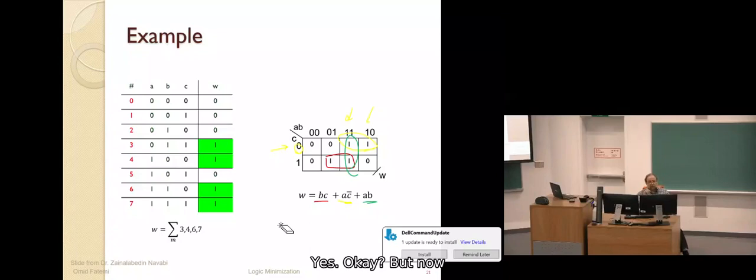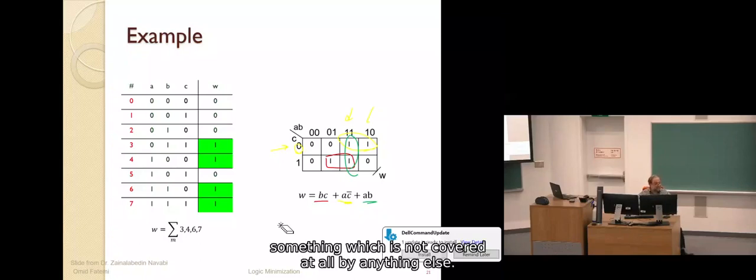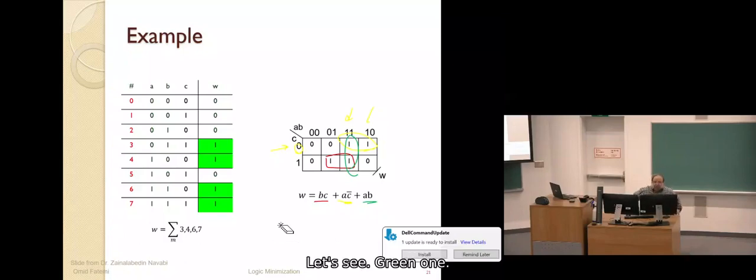Okay. But now we are going to essential prime implicants. The essential prime implicant is the one that has something which is not covered at all by anything else. Let's see. The green implicant has this one. Let me put it with blue.